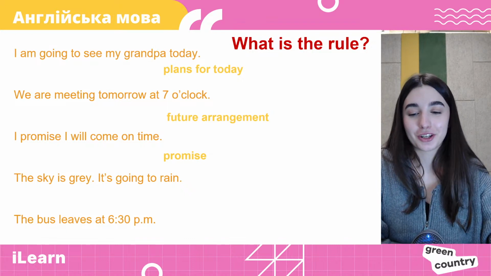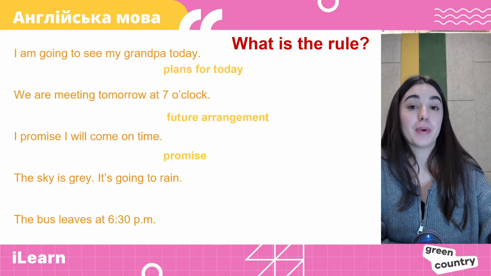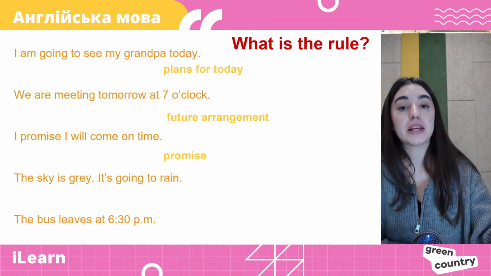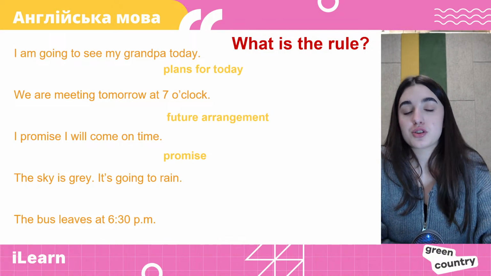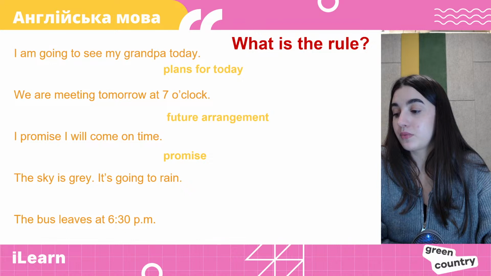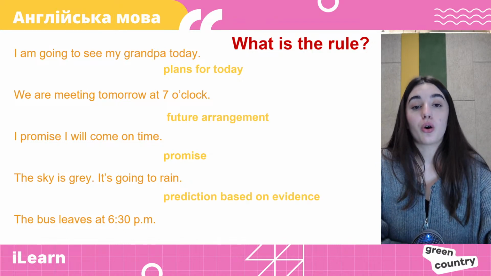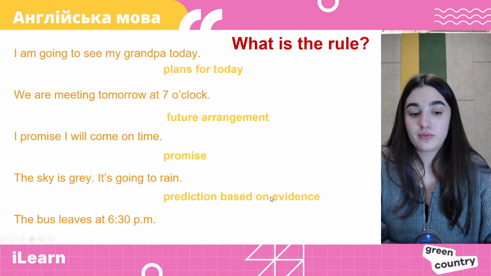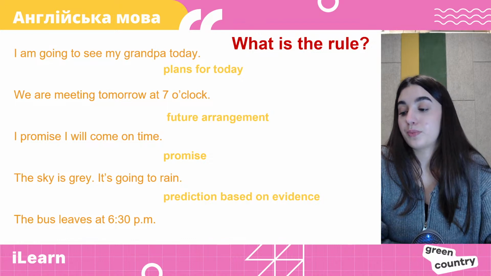Ось тут точно передбачення. And now let's see. What prediction is it? Based on what we see? Базовано на те, що ми бачимо, or based on what we just think about? Або на нашій думці засновано? Yes, it's prediction on what we see or on what we hear. Or we can also say evidence. It is something that we can see or something that we can hear.